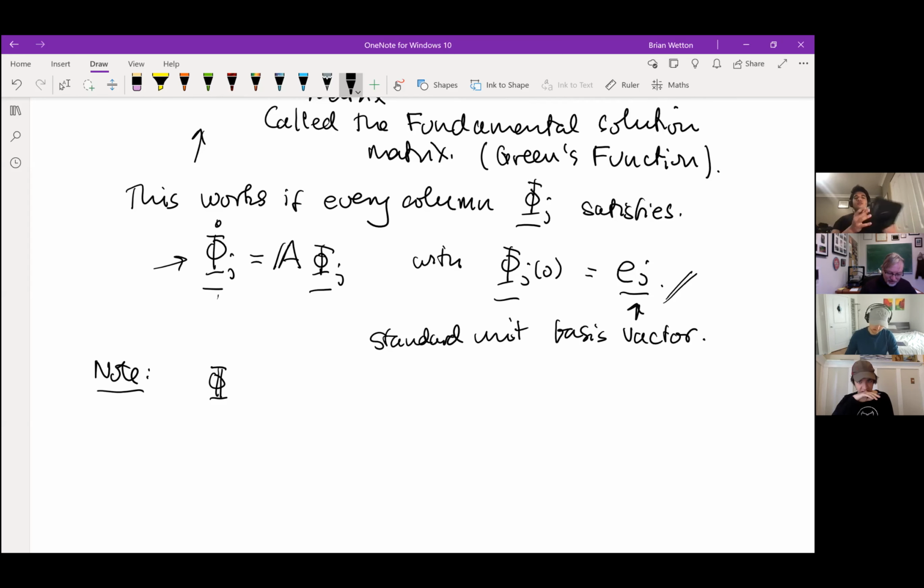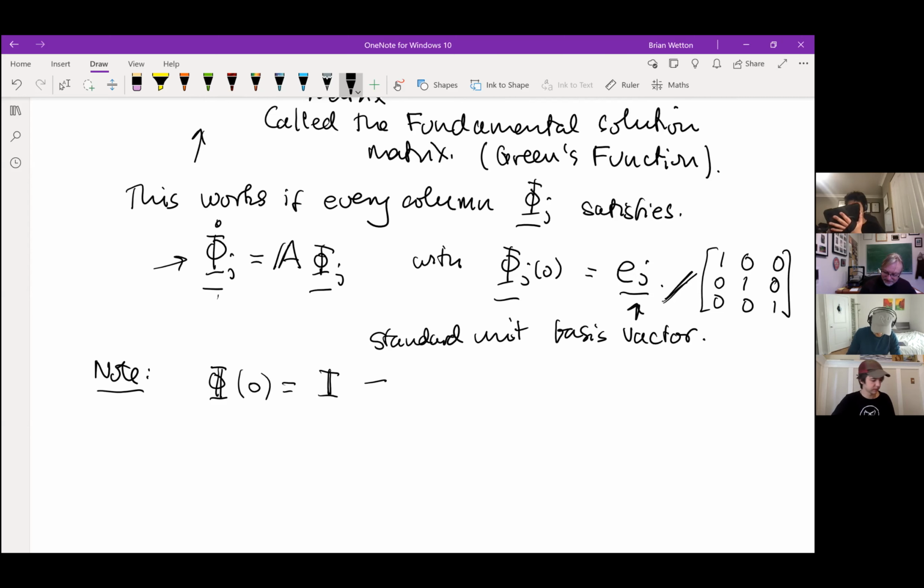If I look at this matrix at time 0, right? Well, all of the columns are the standard basis vectors, right? So this is going to be the identity matrix. Right? Okay, so I got that. What's the other thing I know?